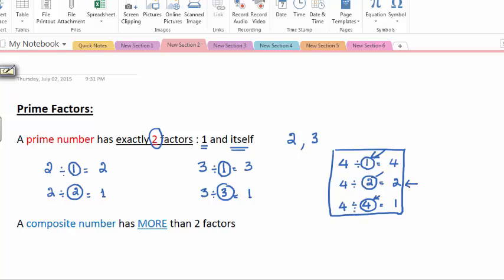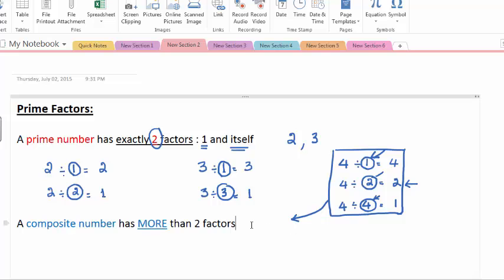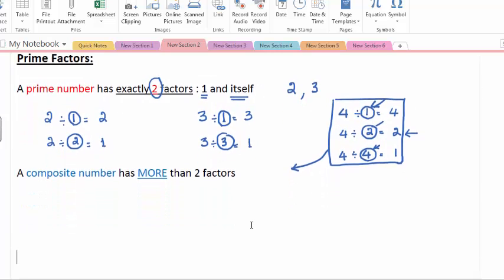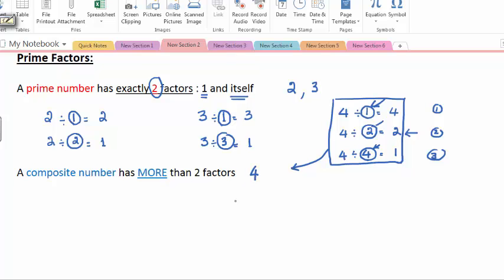In this case, we cannot say that 4 is a prime number. 4 belongs to the other case, which is composite number. As you can see, a composite number has more than two factors. Here we have 1, 2, and 4. That means 4 is a composite number.